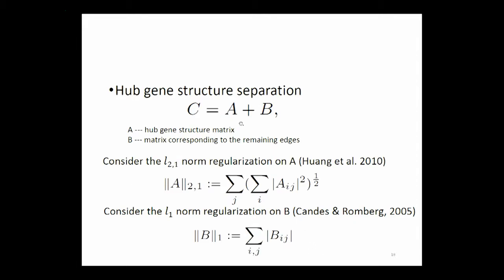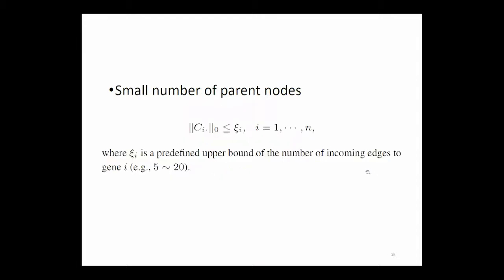We're going to handle A and B differently because B is suitable to be dealt with using the lasso technique, and this column structure has to be dealt with using the R21 norm regularization technique as suggested by Huang in 2010. We also add some other constraints to make this more realistic, but you can ignore this part, because if you don't have it the method still works fine.